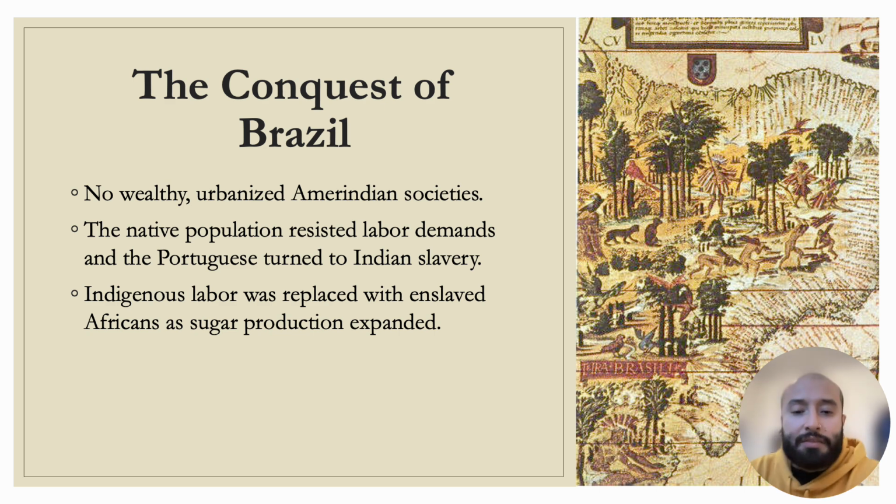But in the case of Brazil, there was no centralized, wealthy, urbanized Amerindian society in the region. They're not going to find a big empire. They're mostly going to find hunters and gatherers and semi-sedentary populations who very fast start moving across the rainforest, both the Atlantic rainforest and the Amazon rainforest, away from the coast.